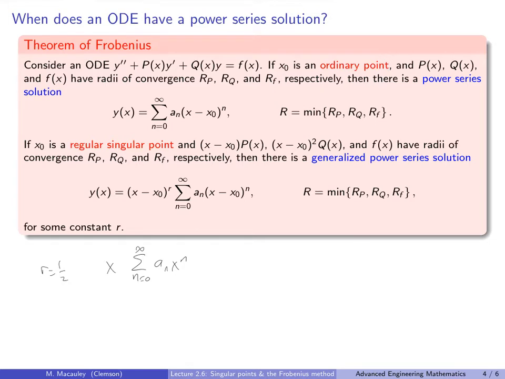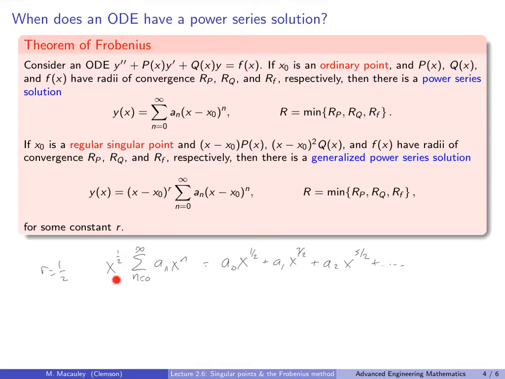We have x to the 1/2. And then what does this look like? So this is a naught x to the 1/2 plus a1 x to the 3/2 plus a2 x to the 5/2 plus etc. Is this a power series? Well, technically not how we defined it, but you see what it is.